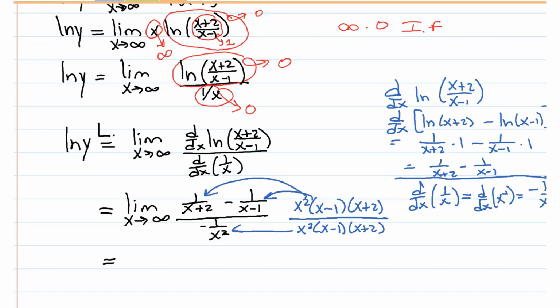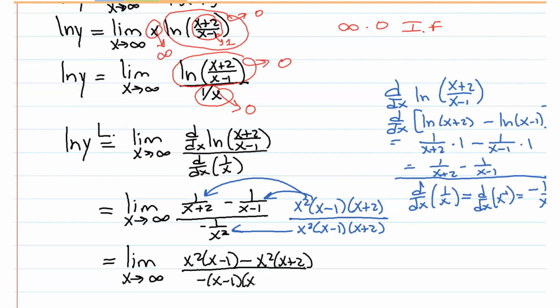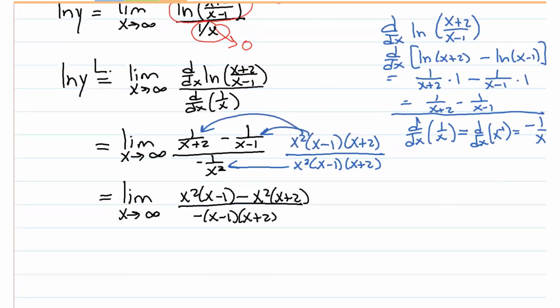So that's going to be the limit as x goes to infinity of x squared times (x minus 1) minus x squared times (x plus 2), over, in the denominator, negative (x minus 1)(x plus 2). I'm going to keep it in factored form as much as possible to see if anything reduces.